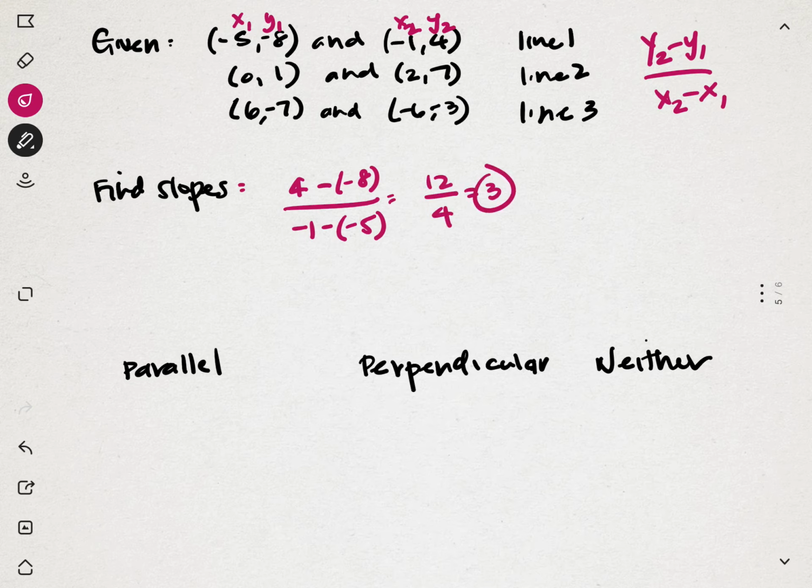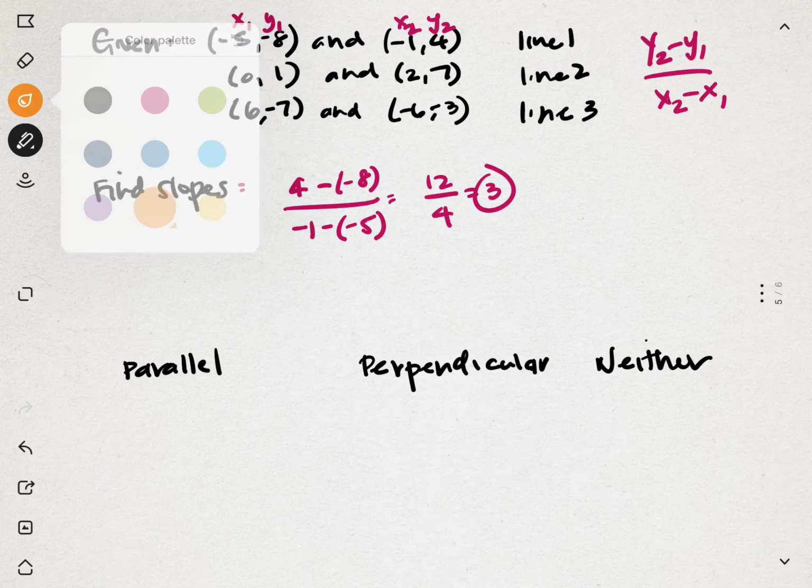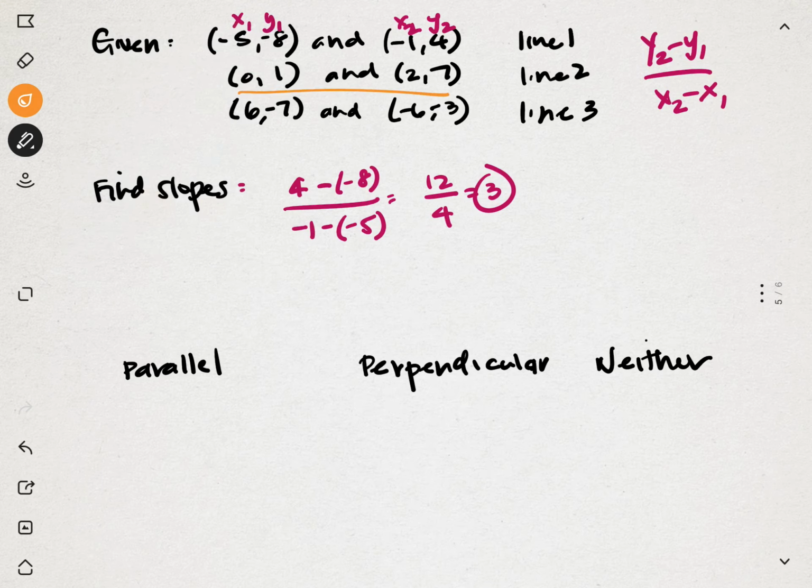So the first line slope is 3. Now we do the second one. 7 minus 1 over 2 minus 0. And that would be 6 over 2, which is also 3.